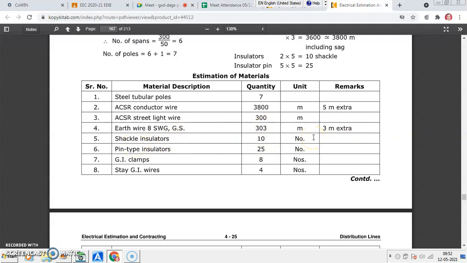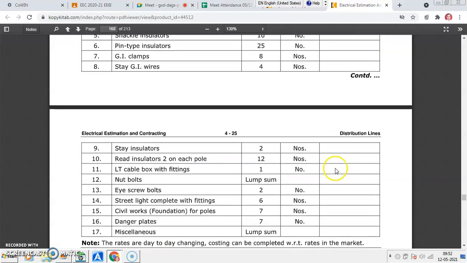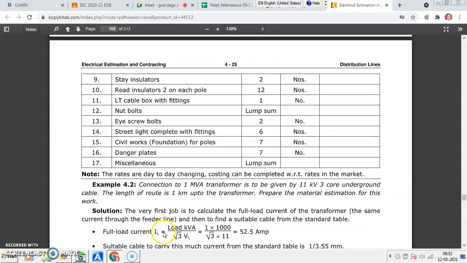Shackle insulators number 10, pin type insulators 25, GI clamps as per requirement, GI wires 4 number, stay insulators, reel insulators for each pole 12 numbers, LT cable box fitting, nut bolt, eye screws, street light with complete fitting, civil work, foundations, danger plates, miscellaneous.